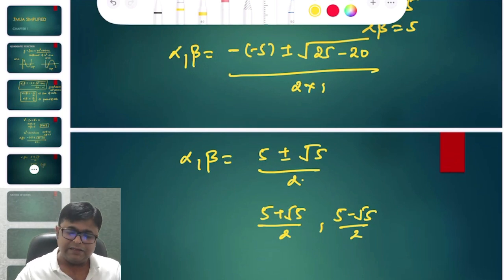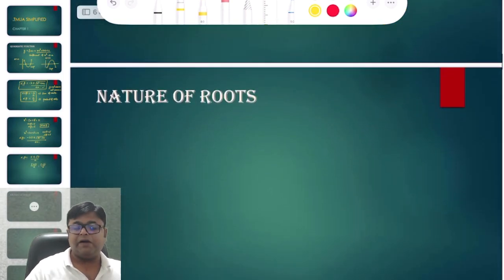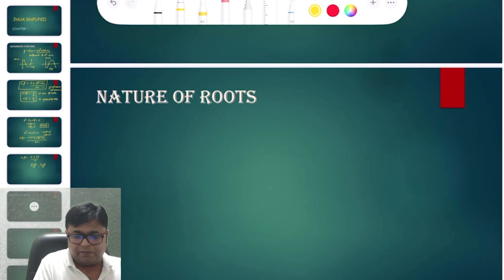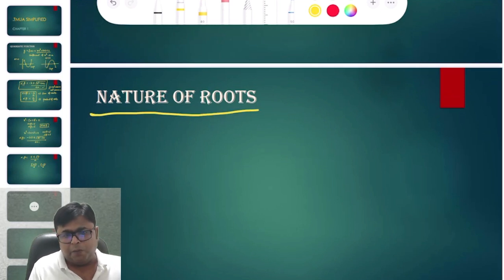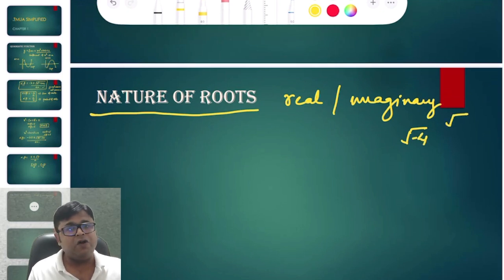So this is something which you should know, very easy, and you can easily calculate the roots, right? Let's now move on to some aspects which are very, very important, and that's called nature of roots. By nature of roots, here I mean roots being real or imaginary. In my school days, I learned that imaginary numbers are the numbers where I have to take root of a negative number, because root of a negative number is not real.